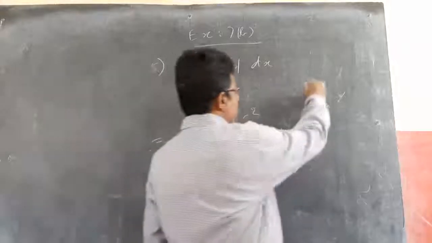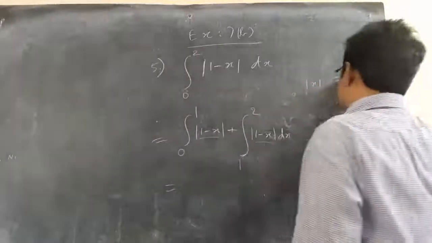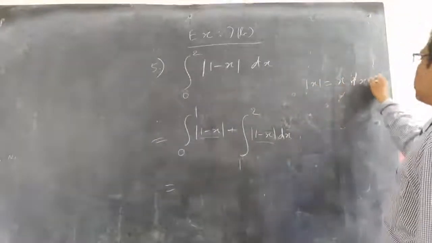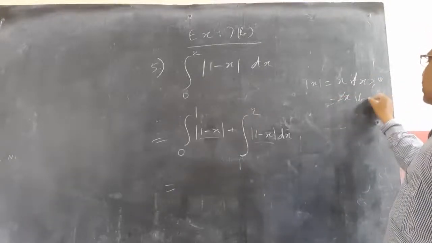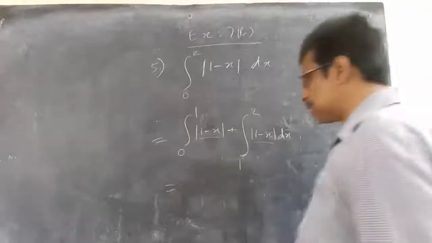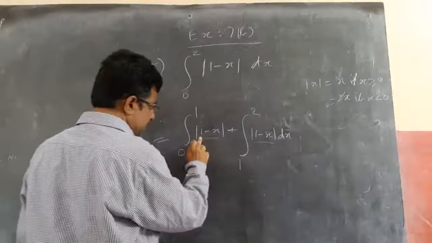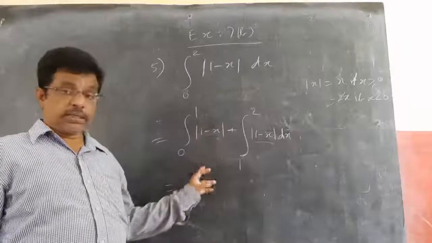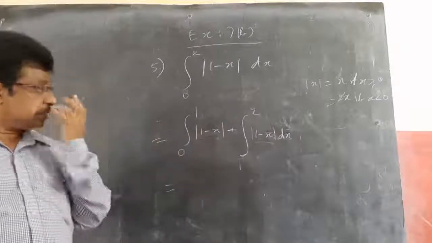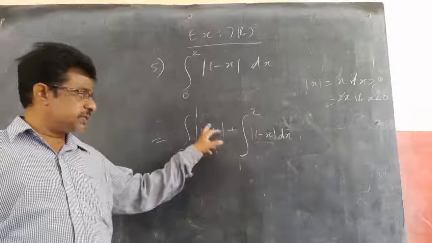We know that mod x equals plus x if x is more than or equal to 0, and mod x equals minus x if x is less than 0. 1 minus x is more than 0 from 0 to 1, because if I substitute any value from 0 to 1, it is more than 0.